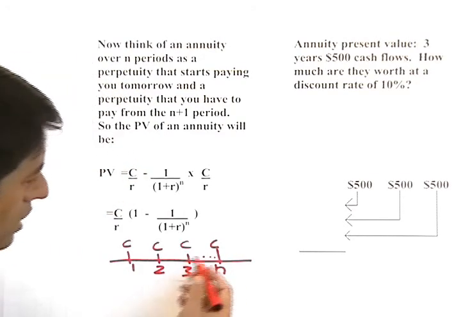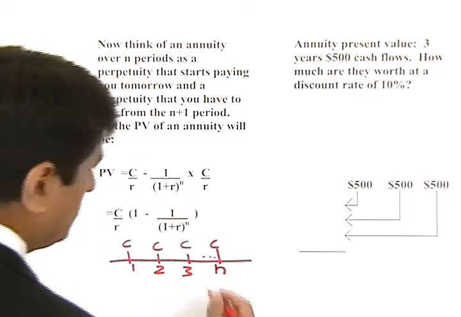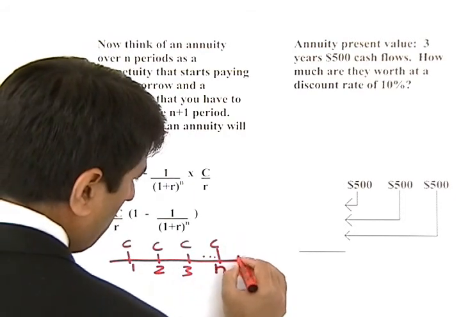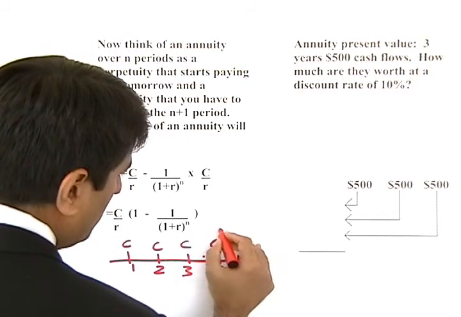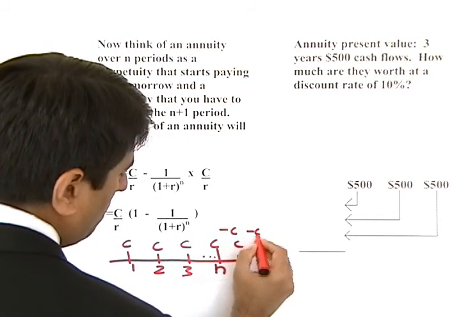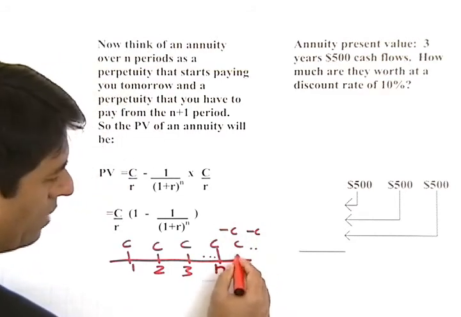Now, we can actually view an annuity as being a perpetuity and another perpetuity which is negative starting from period n plus 1.